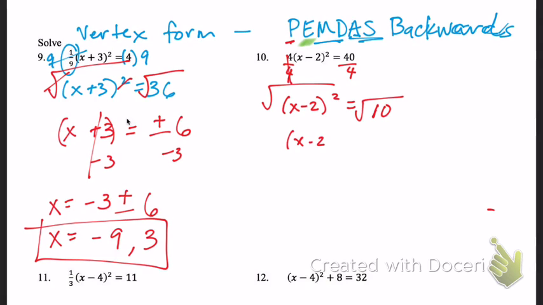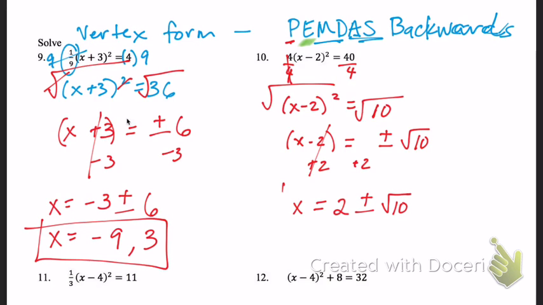So x minus 2 equals, can I simplify the square root of 10? No, so I'm going to leave it as plus or minus square root of 10. Then I do the stuff in parentheses last, so I add 2 on each side. So x equals 2 plus or minus the square root of 10.